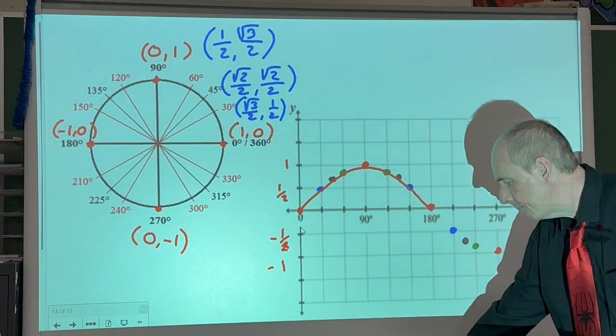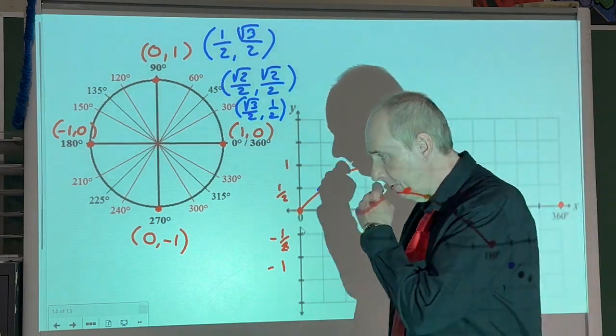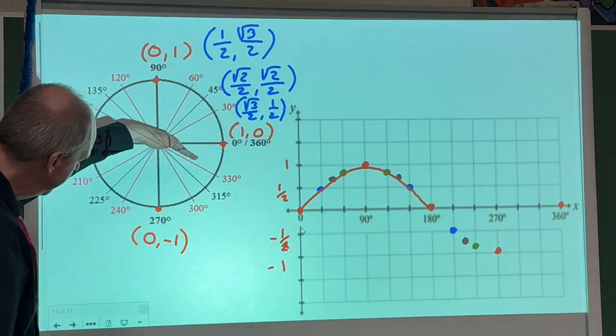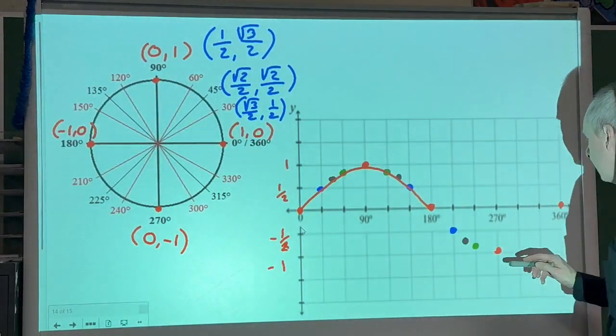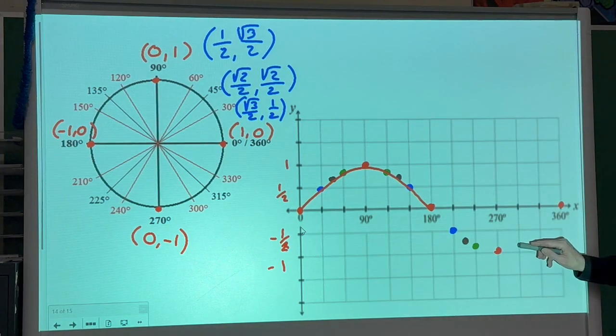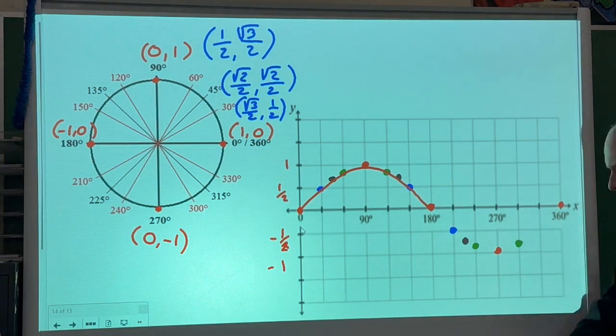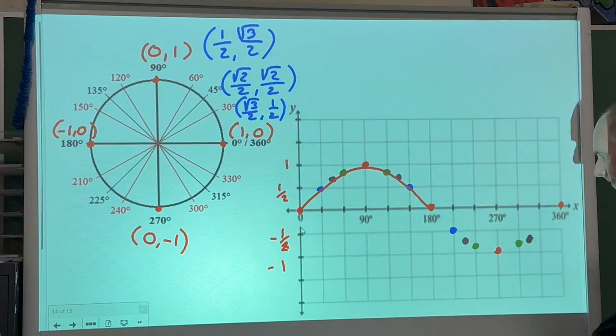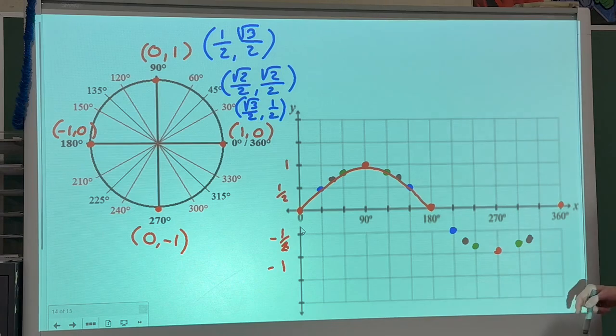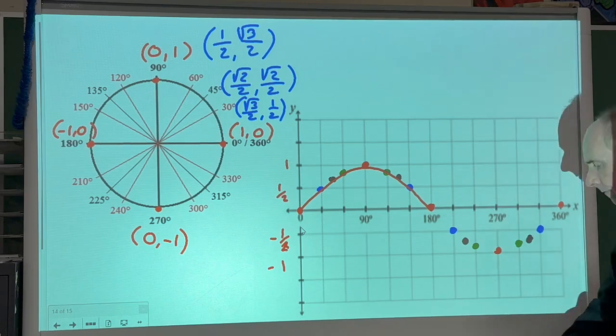These points reflect and mirror now. If we go to 300 degrees, this is a 60-degree reference, but it's negative. So we should be 300, negative 0.866. The 315 is going to be at negative 0.707. And the 330 is matching a 30-degree reference angle. It's going to be at negative 1/2.